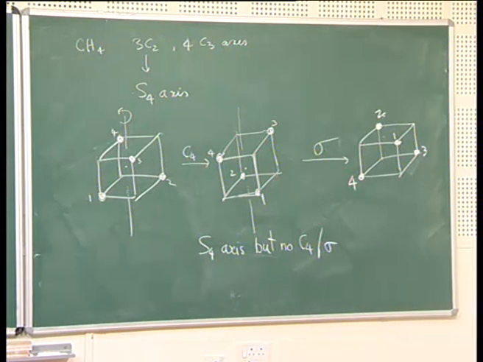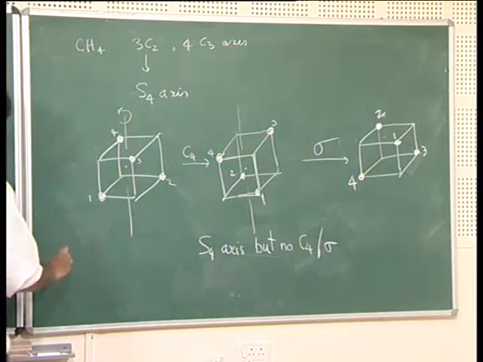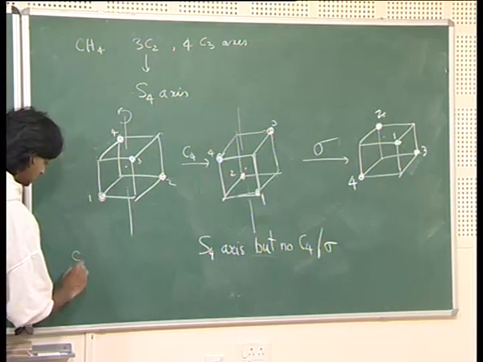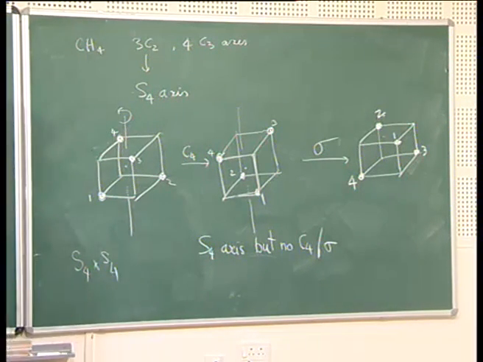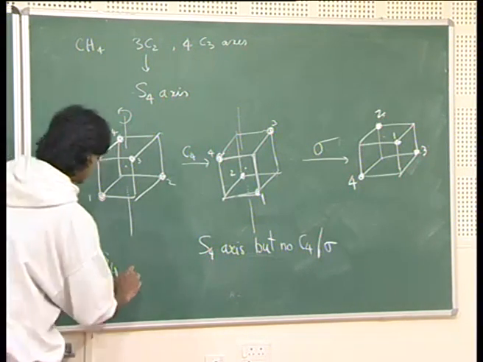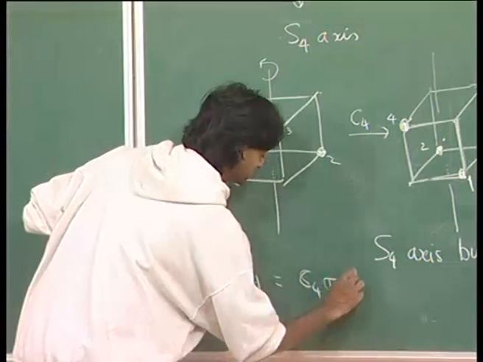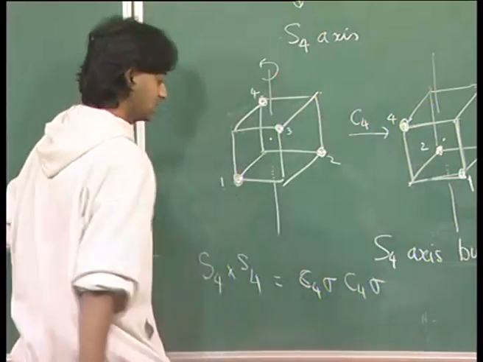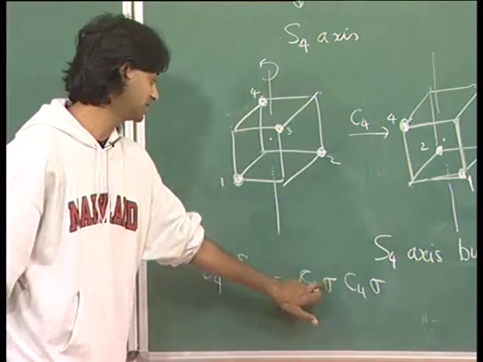A little bit more about improper rotations. Suppose I do S4 times S4. So, what will I get? To understand this, you can just say this is C4 sigma times C4 sigma, and we already said that since sigma is in a perpendicular plane, it commutes with C4.